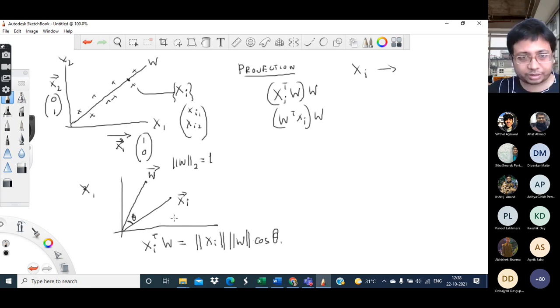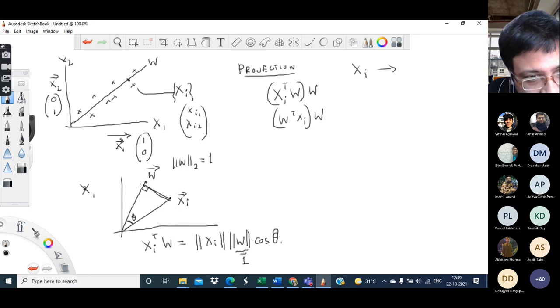Now W, as I have already said, is unitary, so its magnitude is going to be 1. So xi transpose W is just the magnitude of xi, which is the length of this line, times cos theta, where theta is this angle. That means I drop a perpendicular like this, and this length times cos theta is nothing but this length.